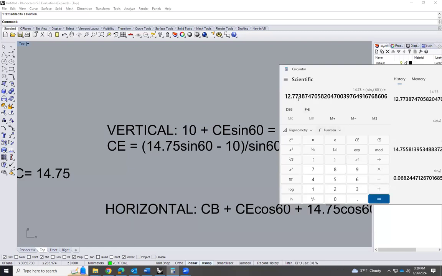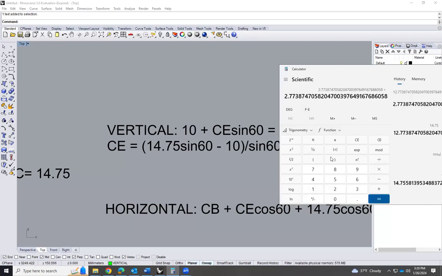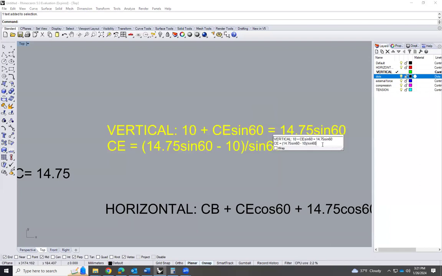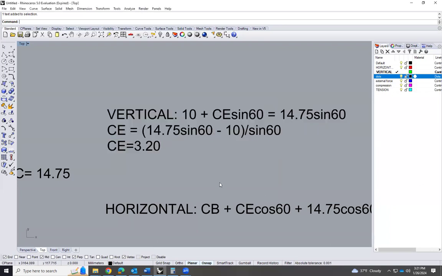So this is 12.77 minus 10, divided by parentheses sine 60, first 60, then trigonometry sine, close parentheses. And there you go. So this is 3.2. That's CE. So CE equals 3.2.